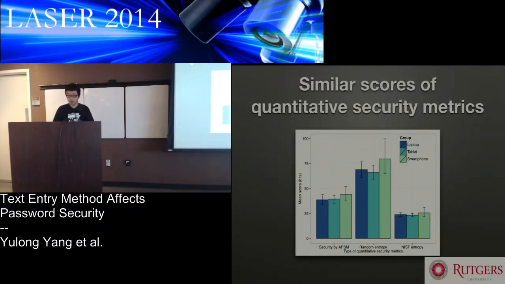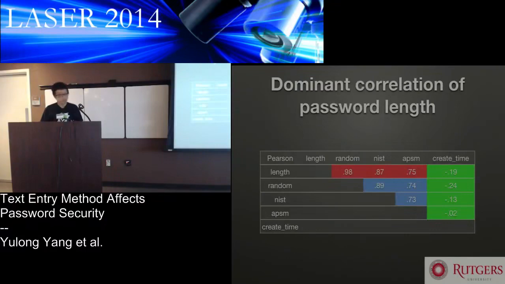Then we dug a little deeper. We think one possible reason for the similarity across the groups in such metrics is that we correlated the length with the three security metrics we used, and you can see from the red cells, they are highly correlated with the password length.